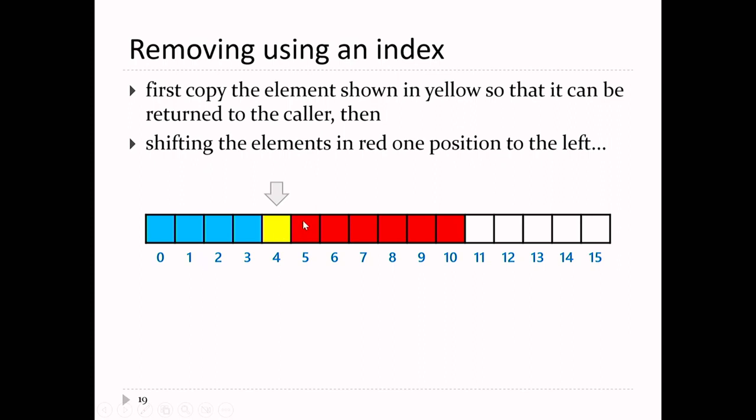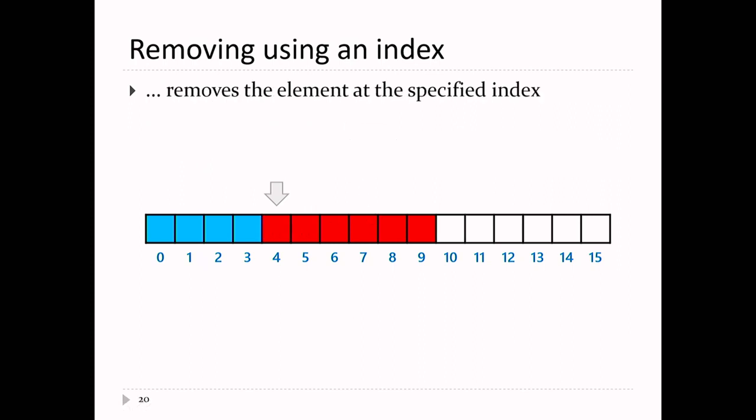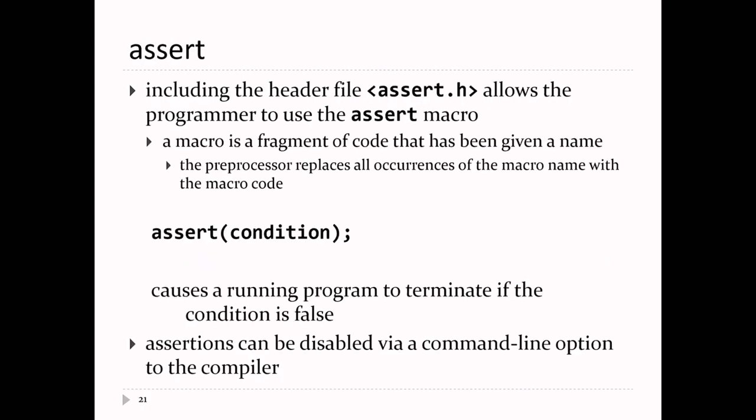So I want to move element 5 onto element 4, element 6 onto element 5, 7 onto 6, and so on. So I shuffle those all over one position to the left. You can see that in this implementation of our list, we need to move chunks of elements either left or right by one position.